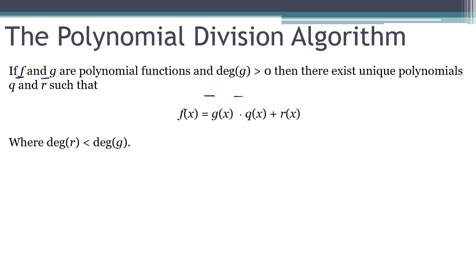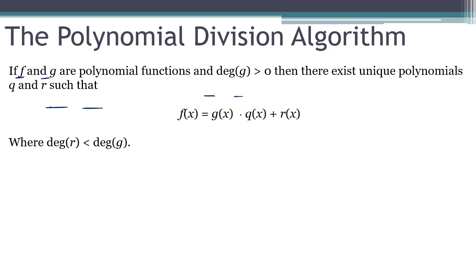Well, we've got a similar requirement here, with smaller being determined by the degree. So that's what the part that says the degree of the remainder has to be less than the degree of g means.